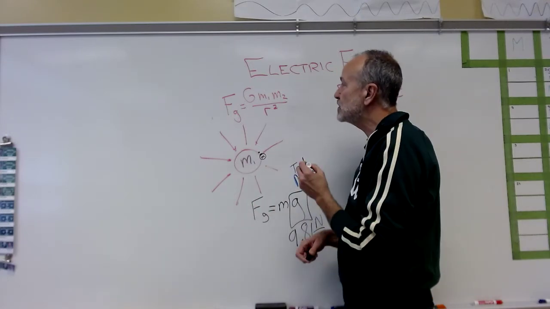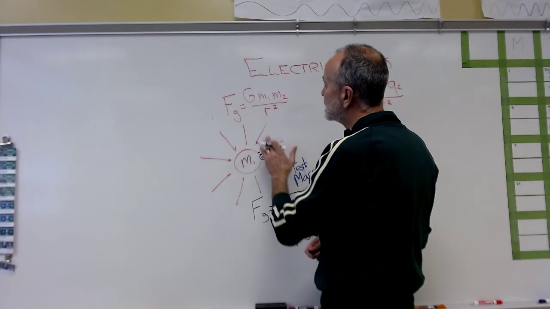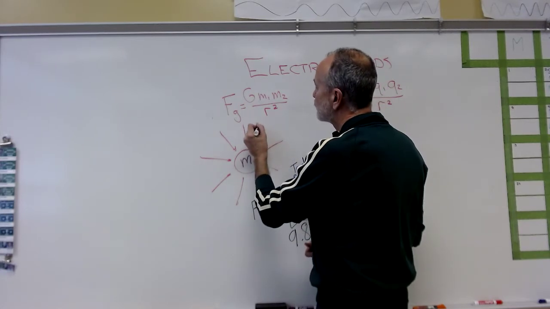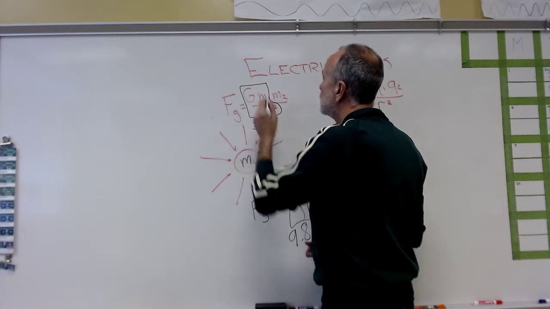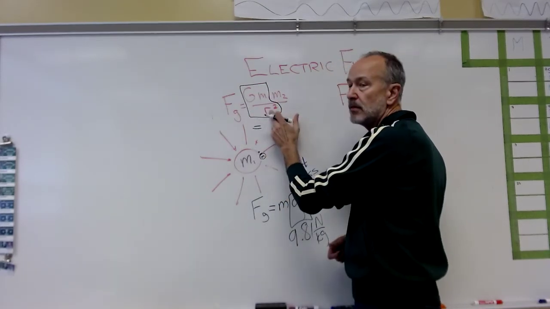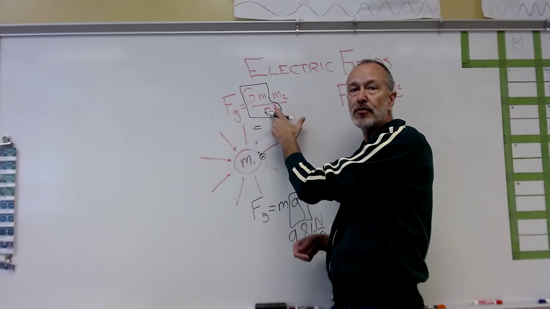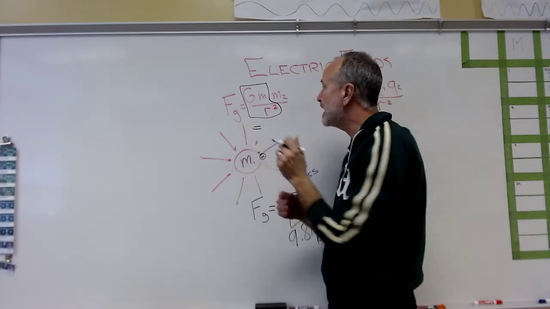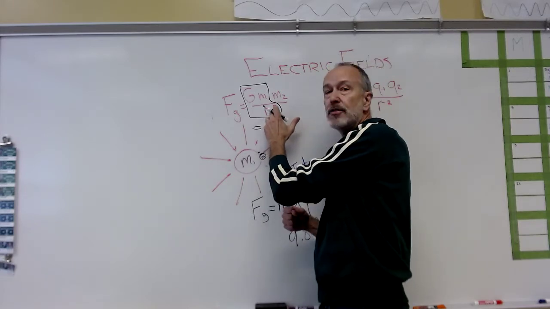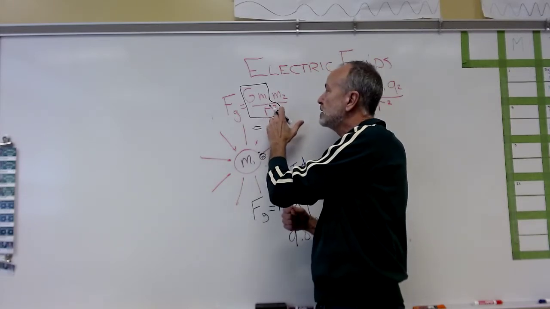So what we did is we said, this is the same thing as grouping this together. At this location, the r is the Earth's radius. Because again, that r is the distance between the centers of mass. So that's the Earth's radius squared.